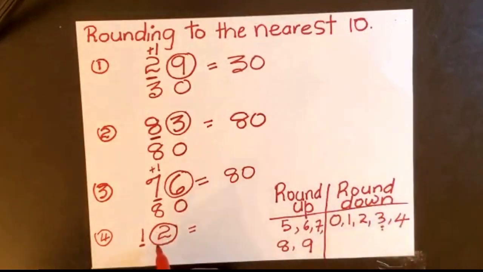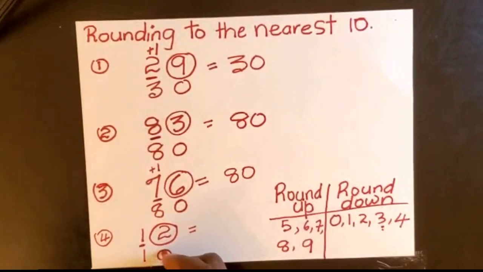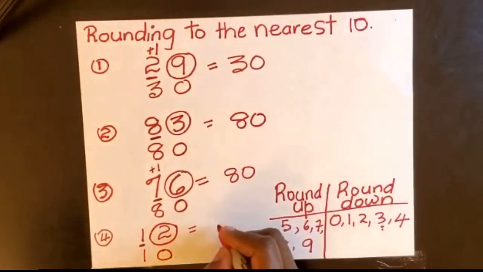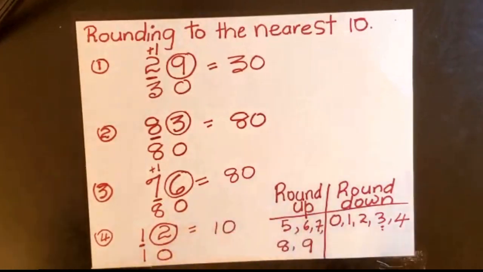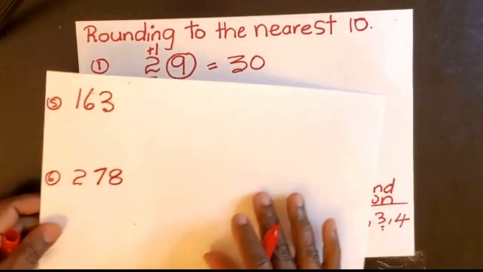And because you're rounding down, you neither add nor subtract to your tens place. You take the 1 down and your 2 becomes a 0. So 12 to the nearest 10 is 10.